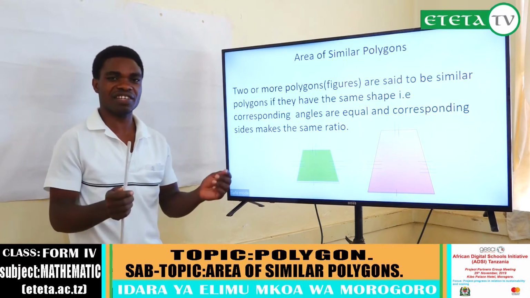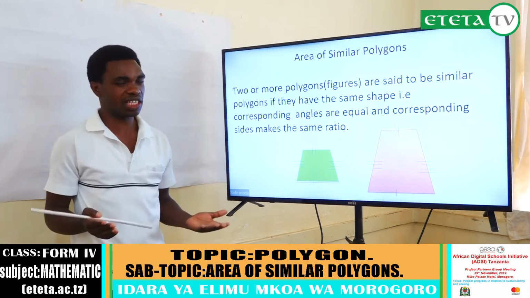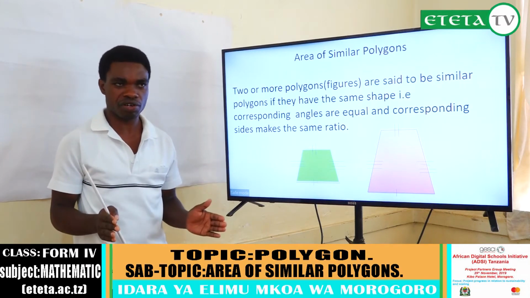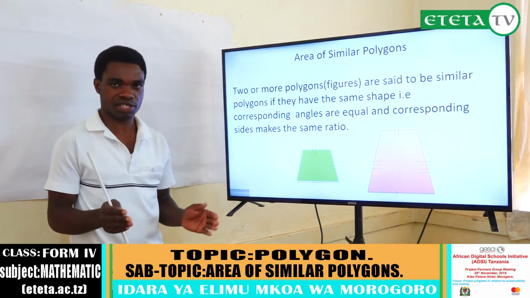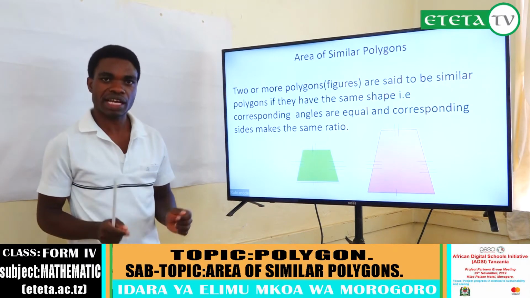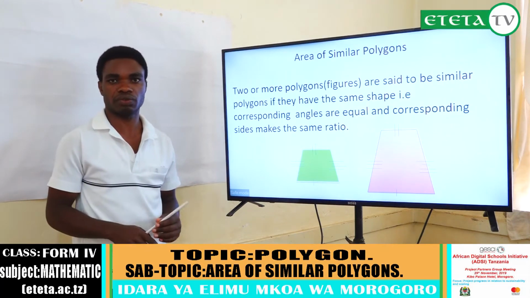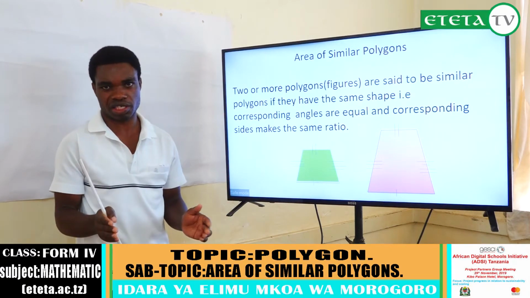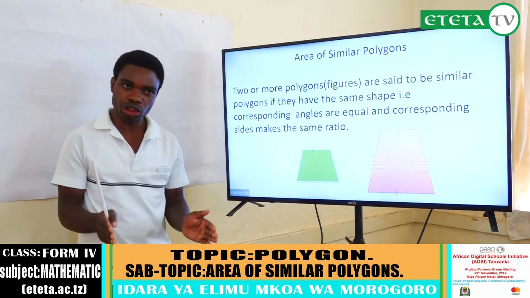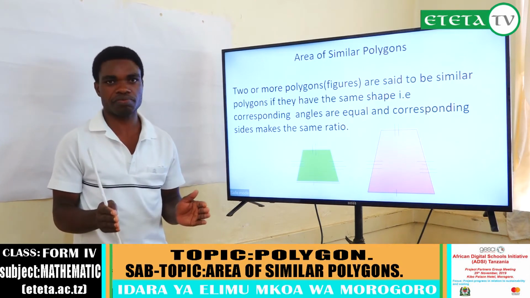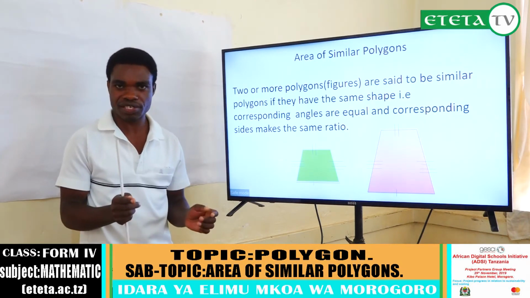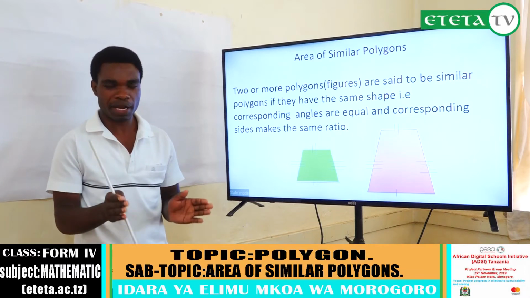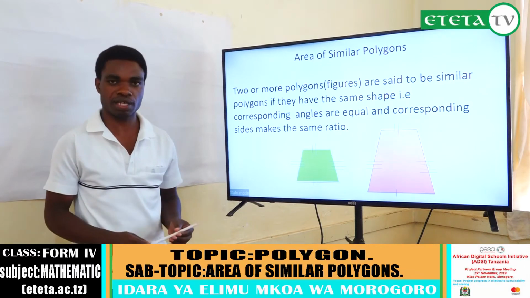To say that they have the same shape, for polygons that have angles and sides, we expect that the angles must be the same. Taking two polygons, for them to be similar, the angles in those polygons must be equal.